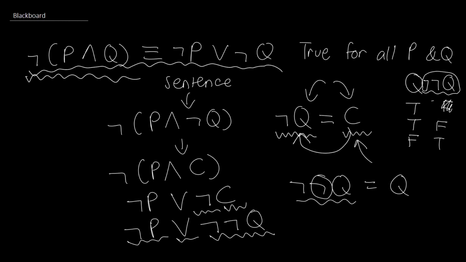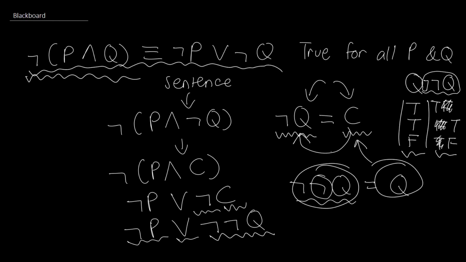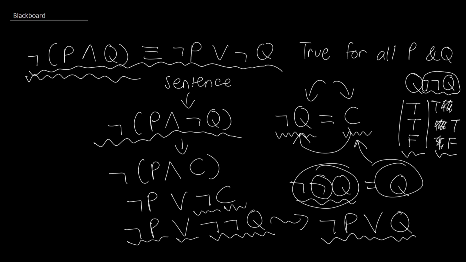So F just turns into T, and F just turns into T, and T just turns into F, and you have the same columns. And by what we just learned before, since these two columns are equivalent, this statement over here and this statement over here are equivalent, meaning we can simplify this statement further into just being not P or Q. So we went from this complicated looking thing into something more simple.